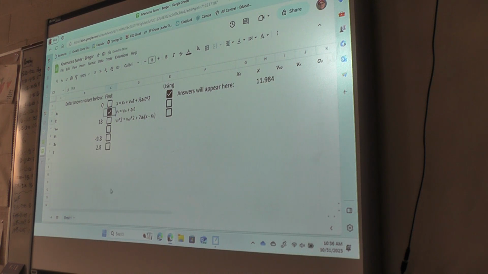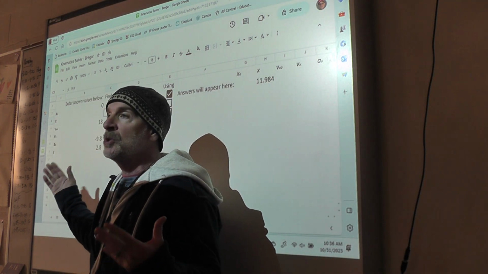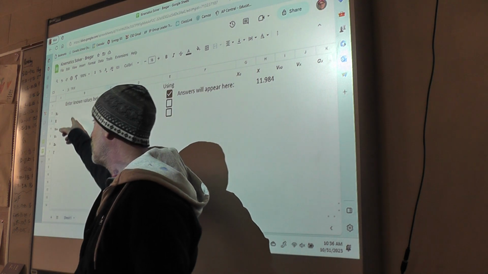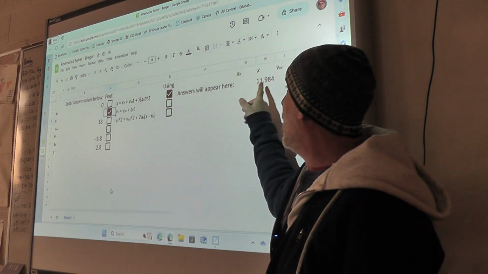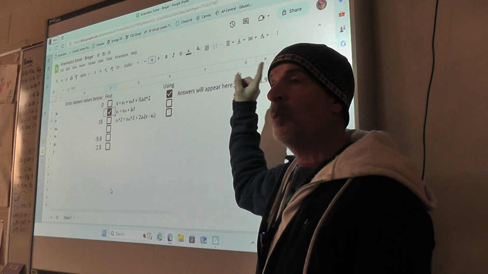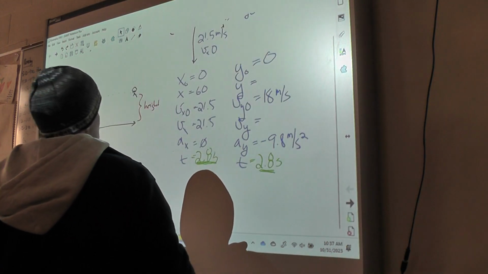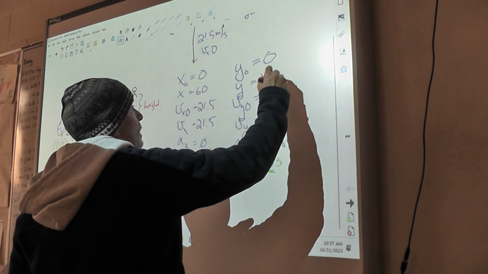These all say x, but in the kinematic equations there's no magic in the variable that you're using. I'm using these for my y-axis, so these are y values. This is a y equation that I'm using, and my final position in the y dimension is going to be about 12. So that means that this is about 12 meters.